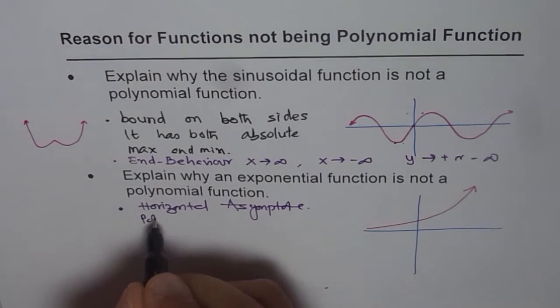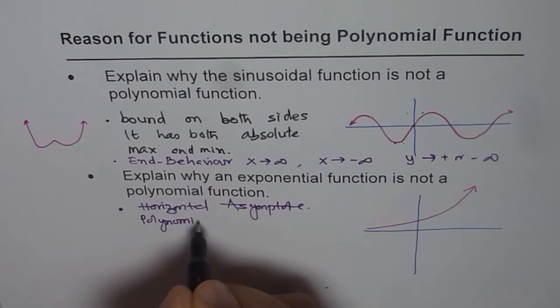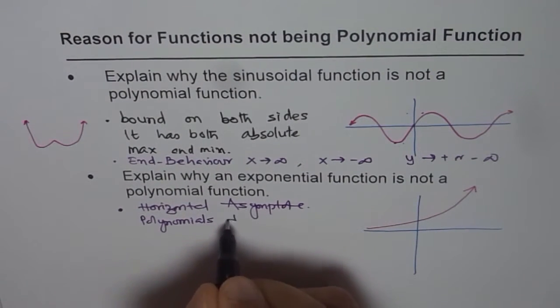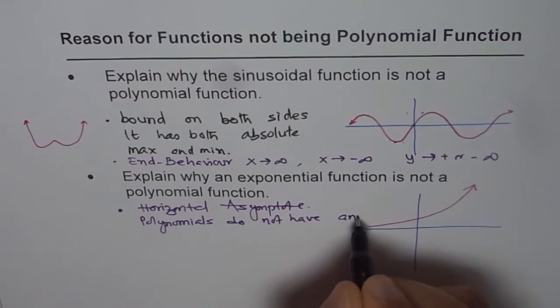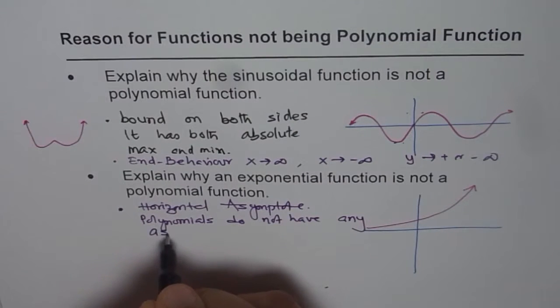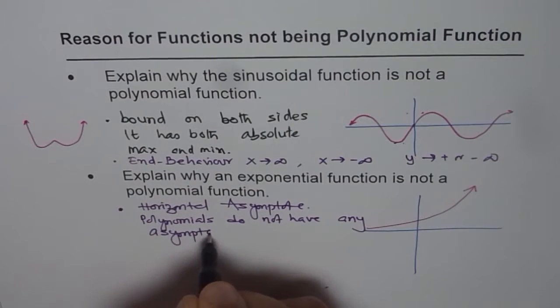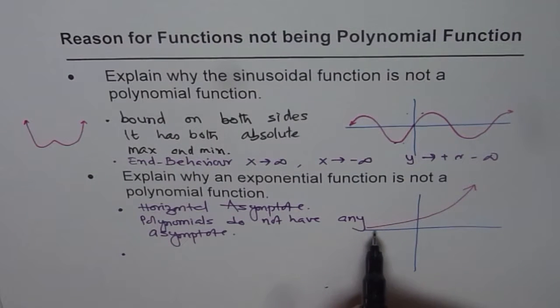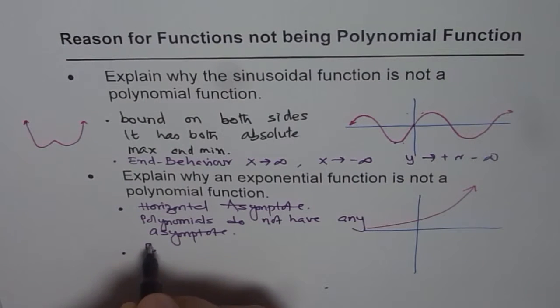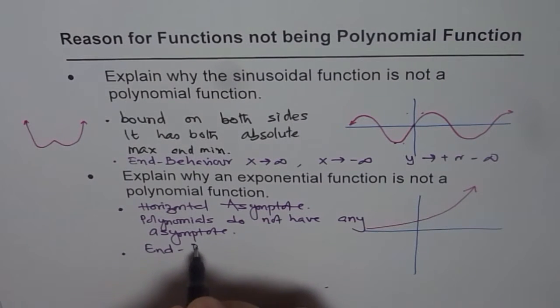Polynomials do not have any asymptote, right? That is one thing. And the second thing is that the function does not approach positive or negative infinity in its end behavior.